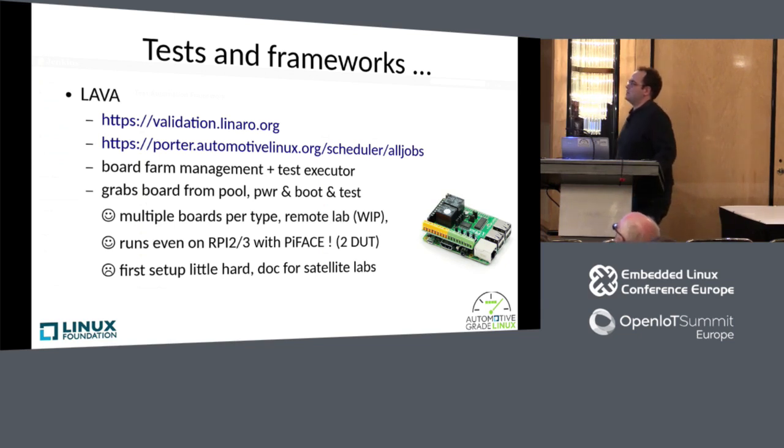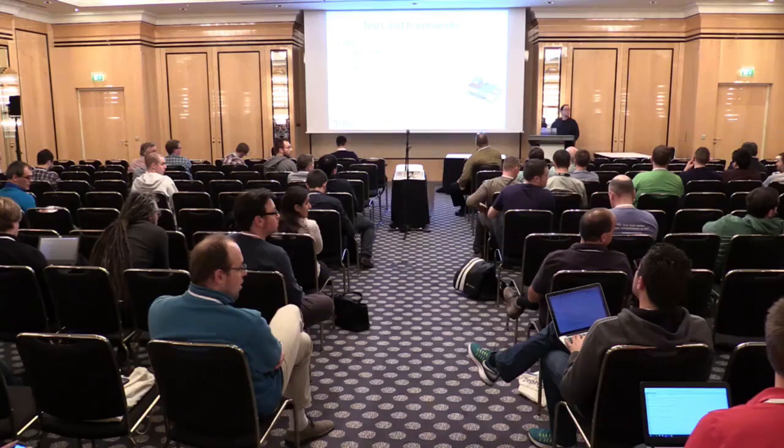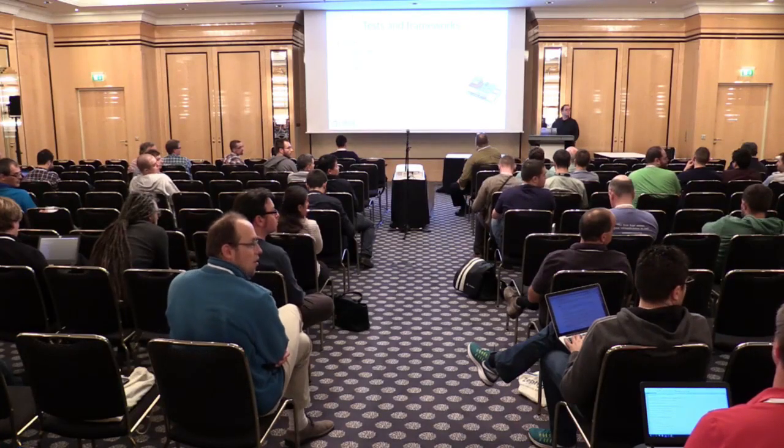A remote lab is work in progress with the rewrite, so we can have satellite dispatchers. We have one hosted instance, the master, and we can have dispatchers where the boards are connected. The rewrite is now in a state where that works and is usable.